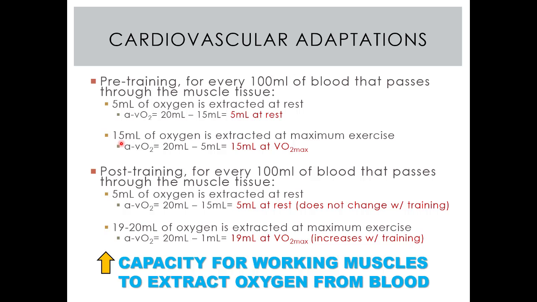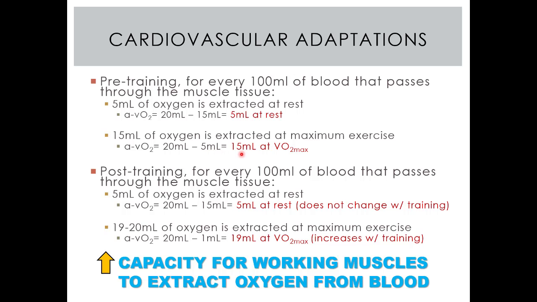At maximum intensity exercise, of course, the muscle tissue will extract more oxygen from the arterial blood, since the muscle requires more oxygen for aerobic ATP production. So as the 20 milliliters of oxygen in a deciliter of arterial blood passes through the capillaries, 15 milliliters of oxygen is extracted mostly by active muscles, and only 5 milliliters of oxygen return back to the heart through venous return. So at pre-training, maximum AVO2 difference is 15 milliliters.